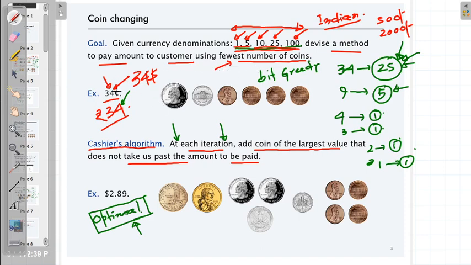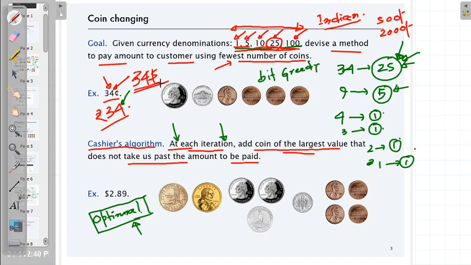And here we have seen the algorithm: at each iteration we select the coin of the largest value that does not take us past the amount to be paid. So if the denominations are 1, 5, 10, 25 and 100, and I have to pay back $34, then definitely I'll first take the largest value that is not taking us past 34.